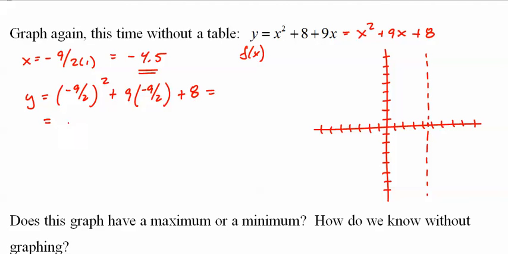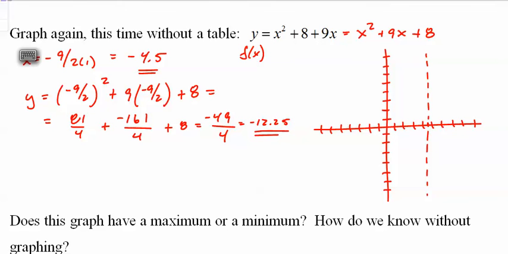And we get 81 fourths plus 81 halves, negative 81 halves, which is negative 162 fourths, plus 8. Pulling out a calculator here, so we get negative 81 plus 32 fourths. Seems a little bit on the high side. We get negative 49 fourths, which is negative 12.25.